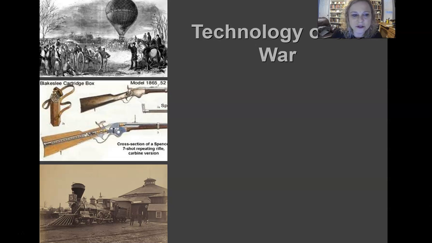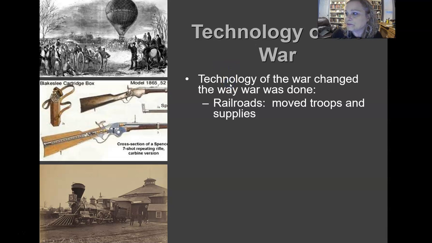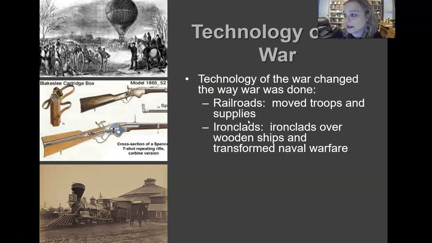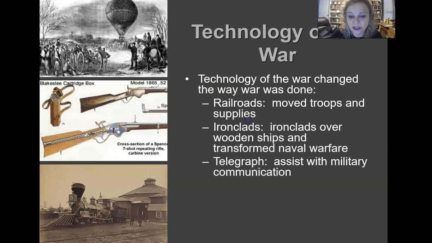Another thing that changes during this war is the fact that there's quite a bit of technology that comes out during the Civil War, and it really changes the face of the war itself too. So railroads were new and up and coming around the 1830s. This is going to easily move troops back and forth and supplies. New types of ships called the ironclads.